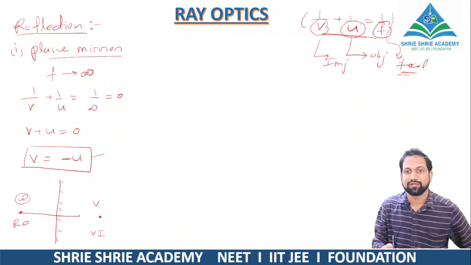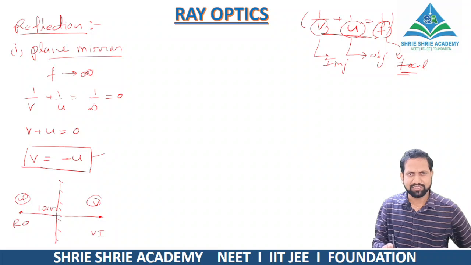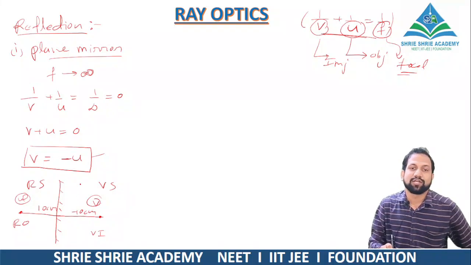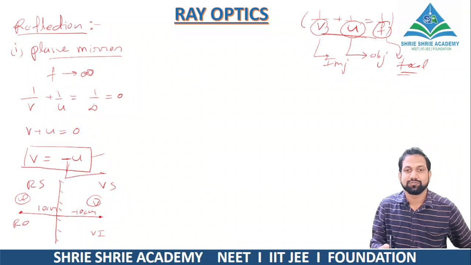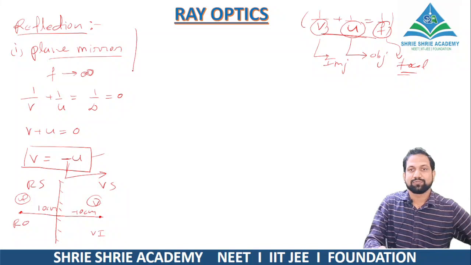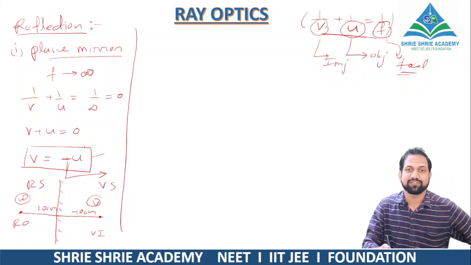And from plane mirror to the image is v. v and u are equal in magnitude. For example, this is 10 centimeter, this is also 10 centimeters, but in the opposite side. Okay, we can say this is called real space, this is called virtual space, right? So according to sign convention, sorry, v is negative. This is plane mirror, and the mirror formula, how to apply for plane mirror is this case.